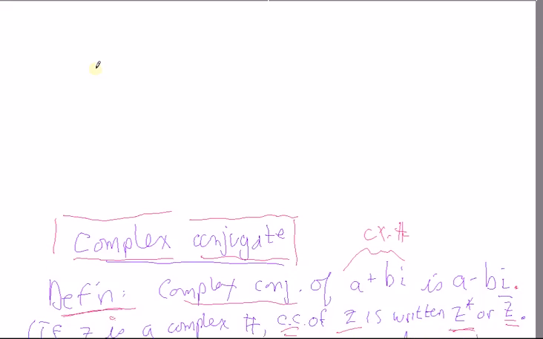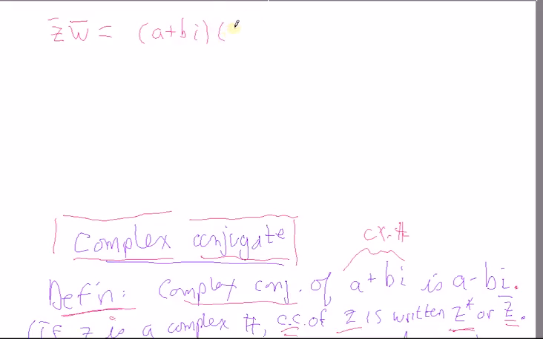Let me, for instance, prove this. Okay. I'll prove this second identity here, that z bar w bar is the complex conjugate of zw. Well, I can write this as a plus bi times c plus di.